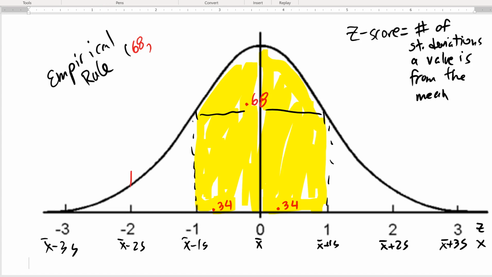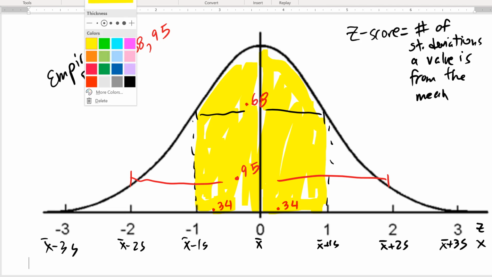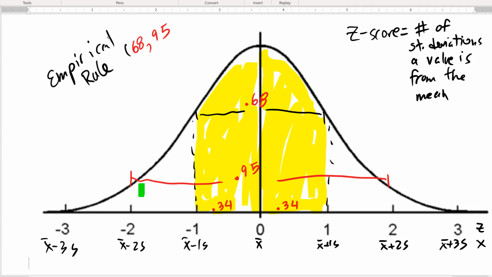If I go within 2 standard deviations, we said that was 95%. So as a decimal, 0.95. Now here's the problem. That means these 2 pieces are, I guess, half of that 95, or 47.5. But I really want to know, what are these little pieces worth?